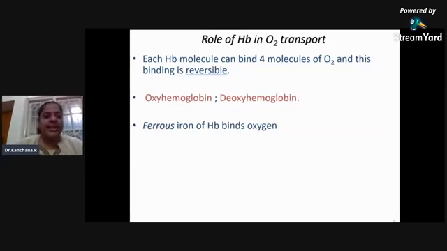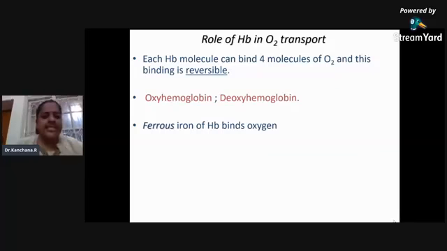Now it is the ferrous ion of hemoglobin which binds oxygen, that is, the ferrous or Fe2+ state is the only state in which hemoglobin can bind with oxygen. If this ferrous ion gets converted to ferric, that is Fe3+, it can no longer bind with oxygen, and when it's converted to the Fe3+ form, the hemoglobin is called methemoglobin.